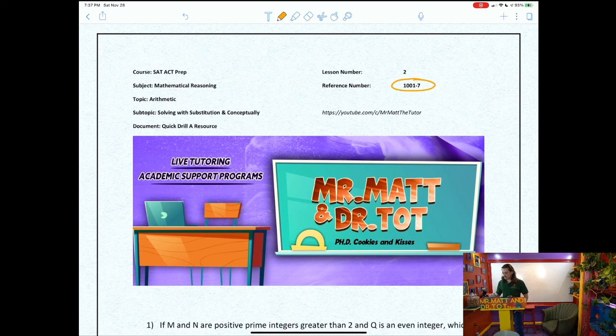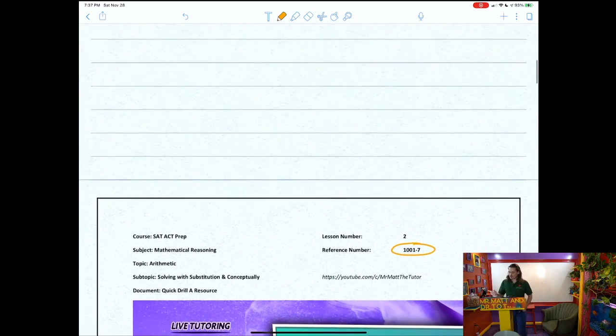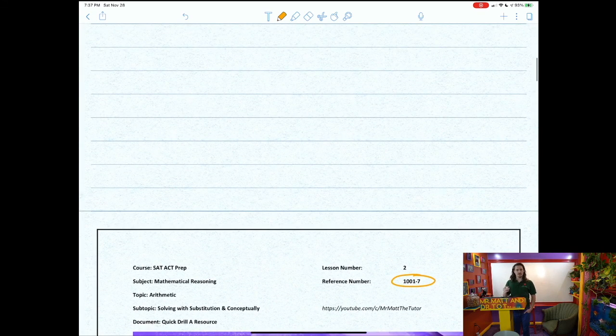But before we look at the first question, just remember there are predictive outcomes when we're multiplying, dividing, adding, or subtracting even and odd combinations. So let's look at addition and subtraction.